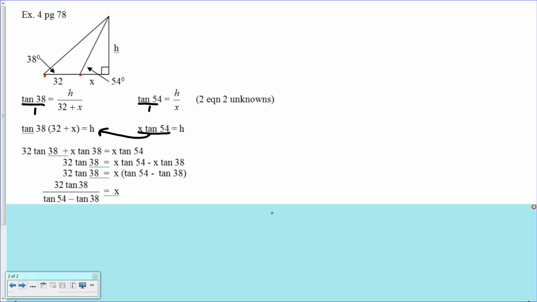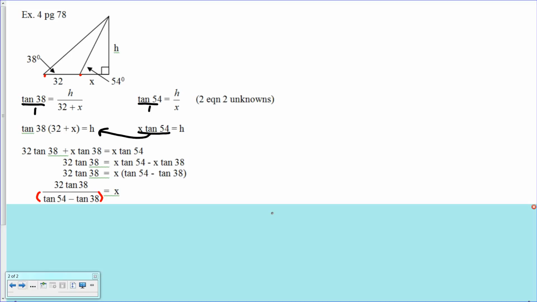This is another place on your calculator. You have to be smarter than the calculator. You have to tell it what to do. And therefore, you have to put the parentheses in the denominator again. In fact, to be on the safe side, you could also do it in the numerator, because what the calculator is going to do is tangent times tangent 38 divided by the whole denominator, the way you have that written.